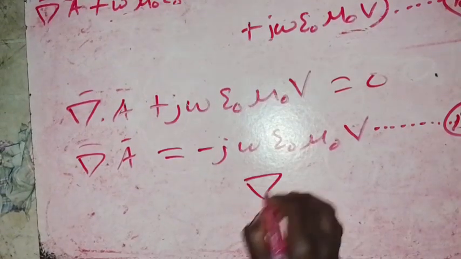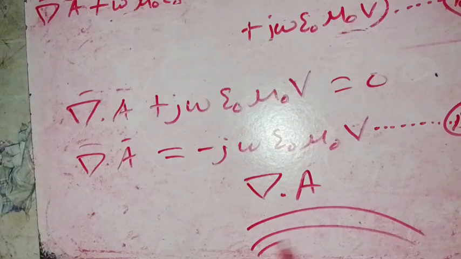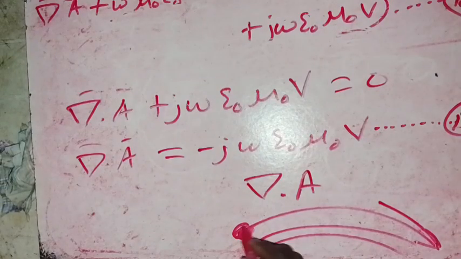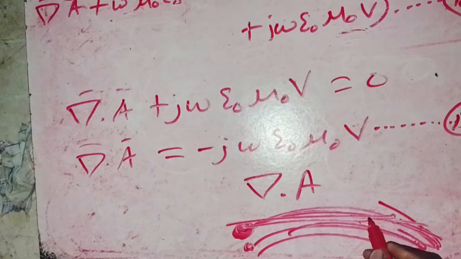Remember, the divergence tells you about the field lines, whether they are going from a source to where it ends, from a beginning to an end. That's what divergence tells you: whether it's going in, going out, or not going anywhere, just straight.